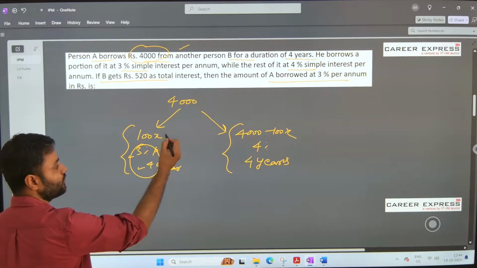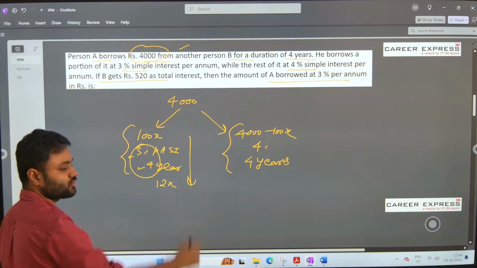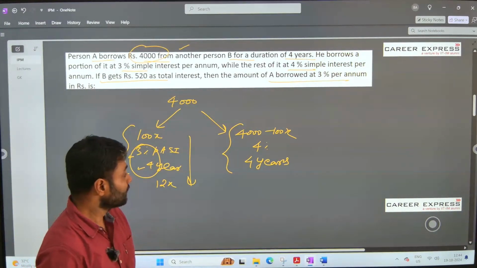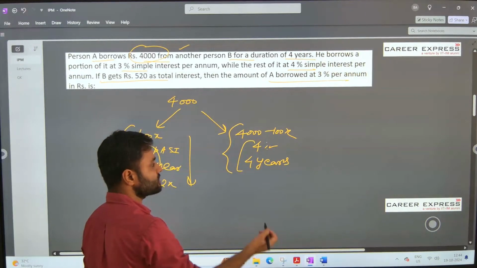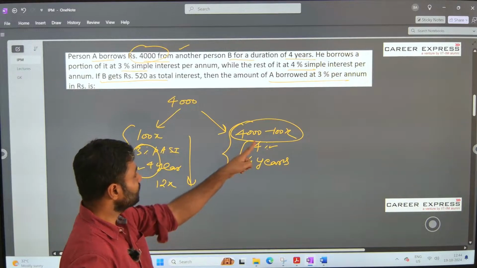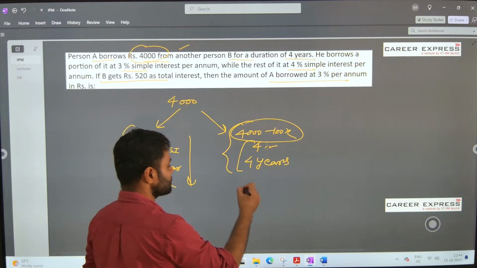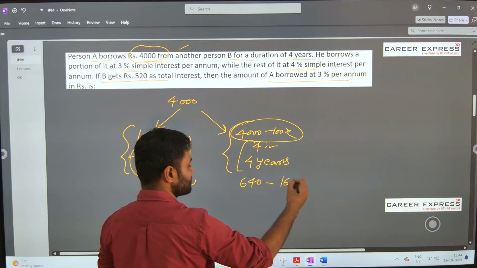So 12% of 100x will be 12x rupees. So the interest from this is 12x rupees in 4 years. Similarly, 4% in 4 years means 16% interest. So 16% of 4,000 will be 640, minus 16% of 100x, which is 16x.